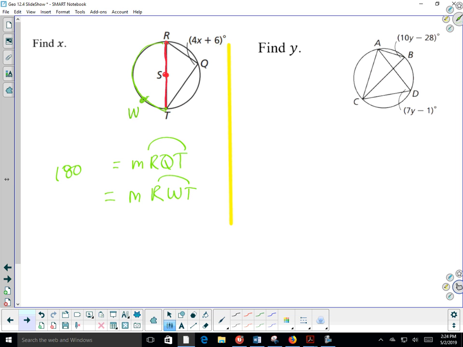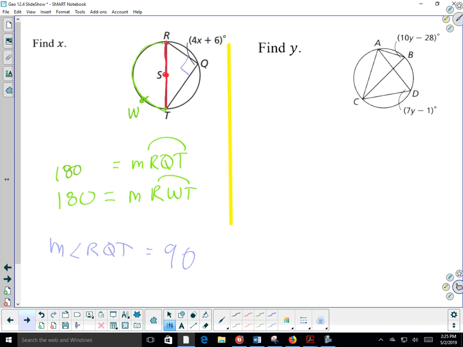Would you agree with that, everyone? Yes. And so that means that the measure of angle RQT, that's this angle, must measure what, Devin? Do people agree with 90? Yes. All right, so this angle here must be a right angle, therefore.